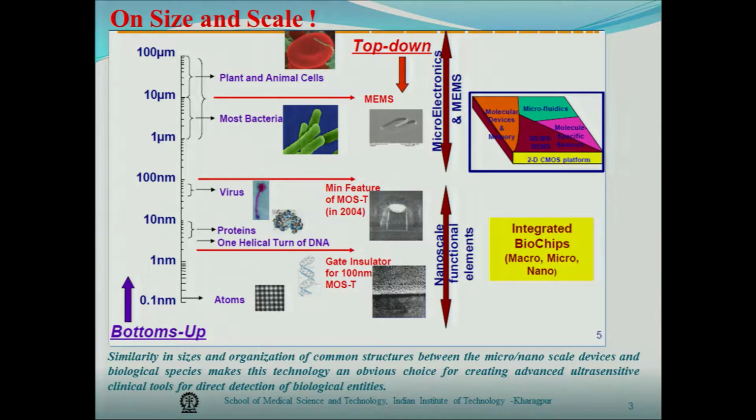Now, another slide, on size and scale: why BioMEMS is so important. MEMS evolved due to the advancement of microelectronics technology, and therefore we got pressure sensors, temperature sensors, accelerometers. At that time microelectronics technology was quite mature, and people utilized that to get these devices.